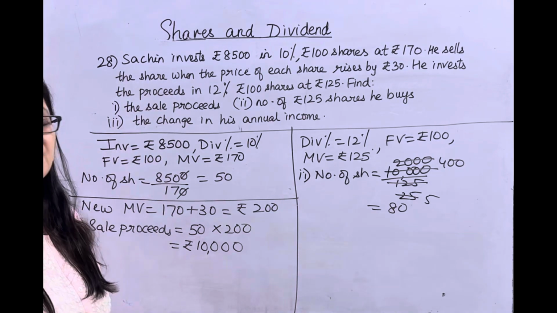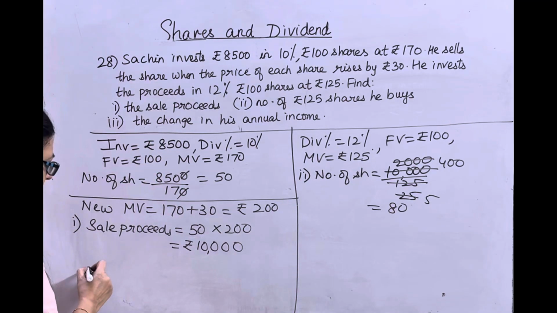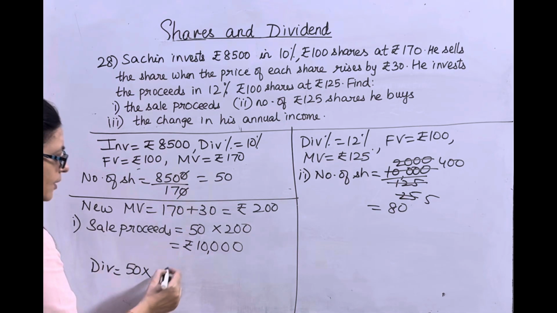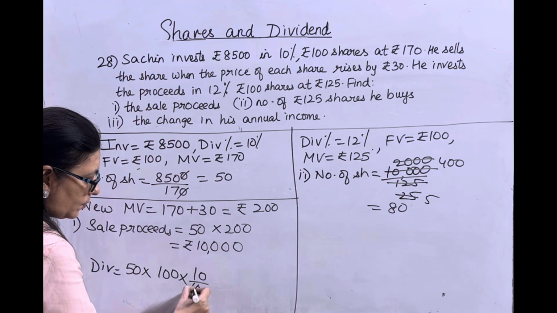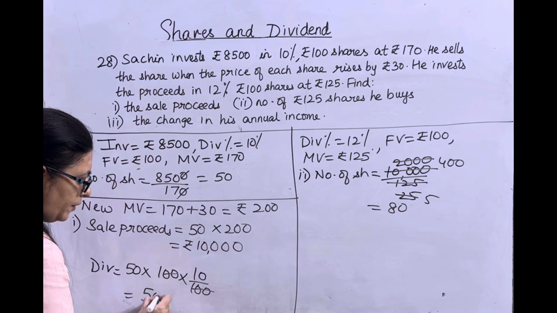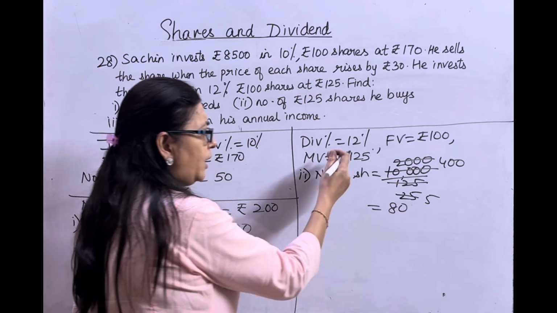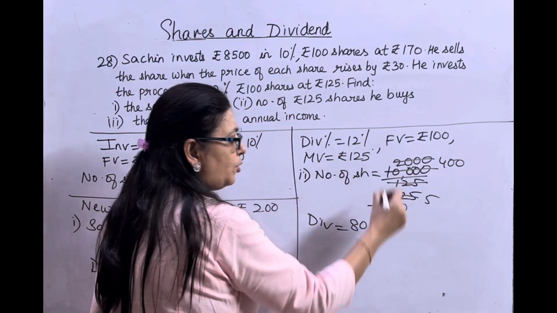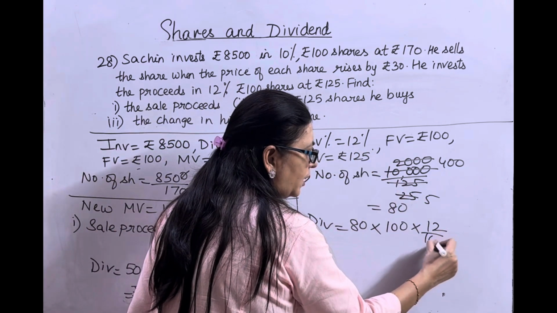Now, what is the change in his annual income? So what was the first dividend? Initially it was number of shares into face value into dividend percent, 50 into 100 into 10%. So initially the dividend was rupees 500. Now what is the dividend? Dividend is equal to number of shares into face value into dividend percent, 80 into 100 into 12 over 100.